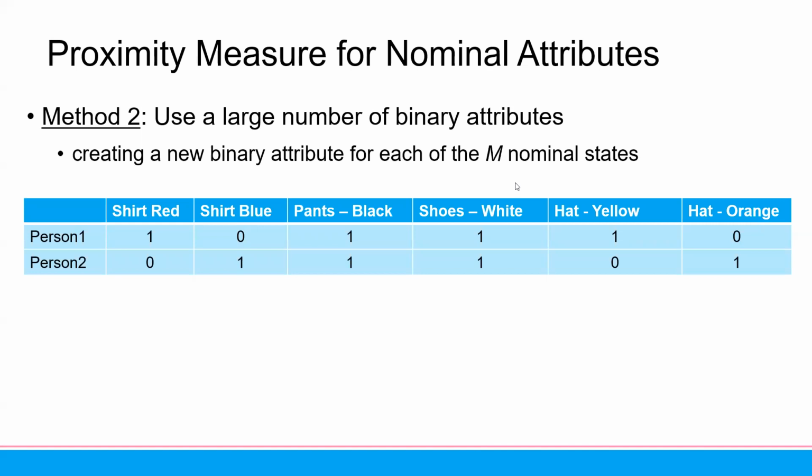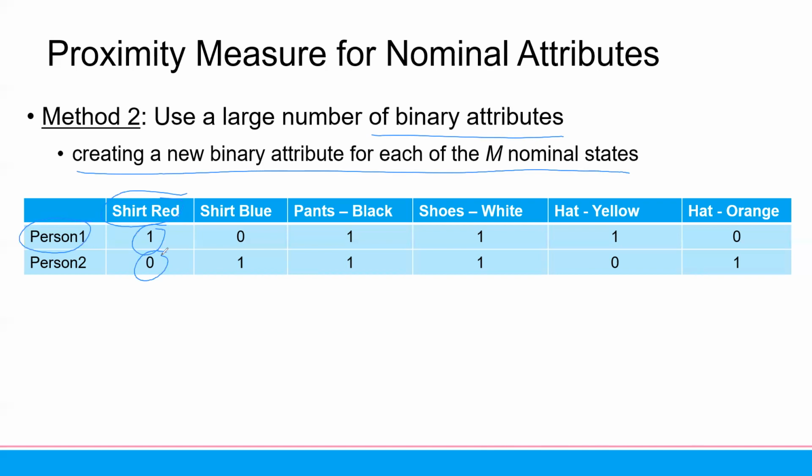Or we can use a large number of binary attributes. Okay, what does it mean by a large number of binary attributes? We can change the format of the data into 0 and 1. Okay. So we create a new binary attribute for each of the M nominal states. So we can see the person 1, and then we can make a new attribute, the attribute shirt red. The data shows that person 1 wears the red shirt, but person number 2 didn't wear the red shirt.